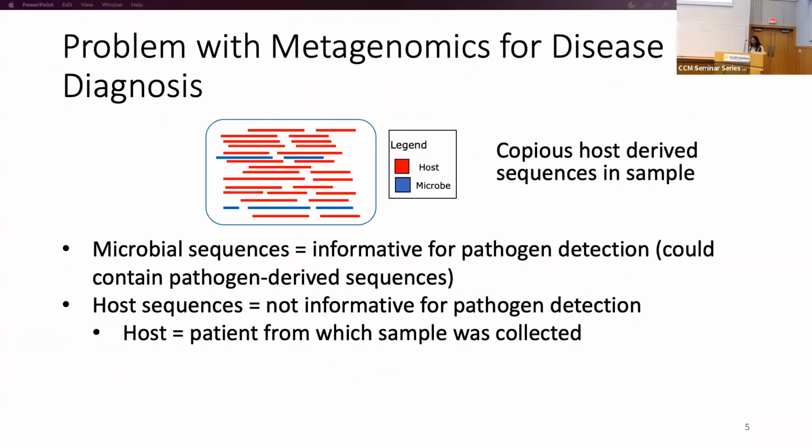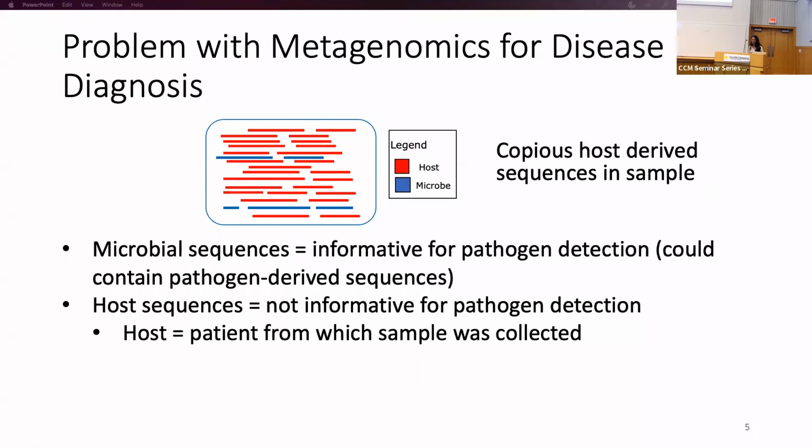The problem with metagenomics for disease diagnosis is that there can be copious host-derived sequences in samples. This is what a lot of samples that you can get from a patient look like. In blue, we have the microbial sequences, which are informative for pathogen detection because they could contain pathogen-derived sequences. Whereas in red, which occupies a lot of the sample, are the host sequences, which are not informative for pathogen detection.